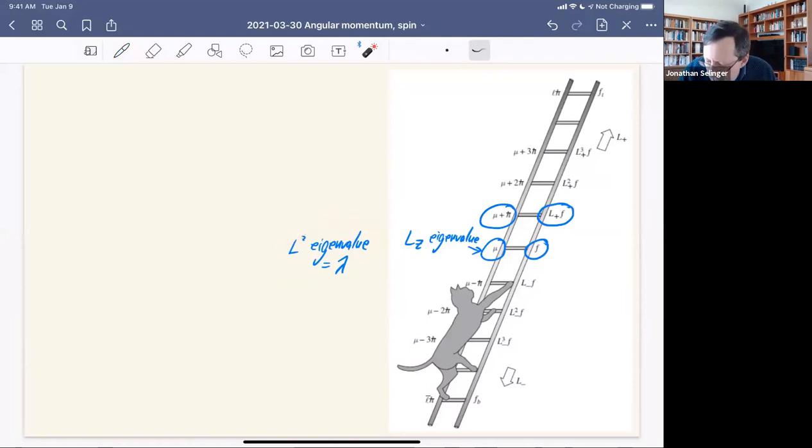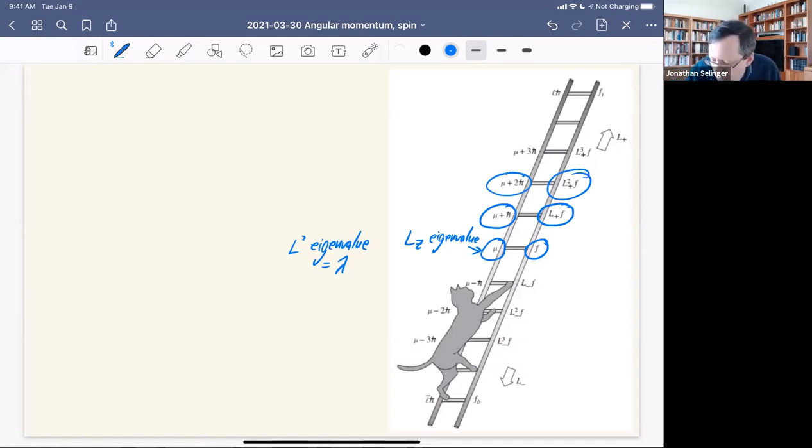If we hit it with L plus again, we get even higher. The Lz eigenvalue is now mu plus 2h bar. The L squared eigenvalue is still lambda. We can keep going up by hitting with L plus over and over.